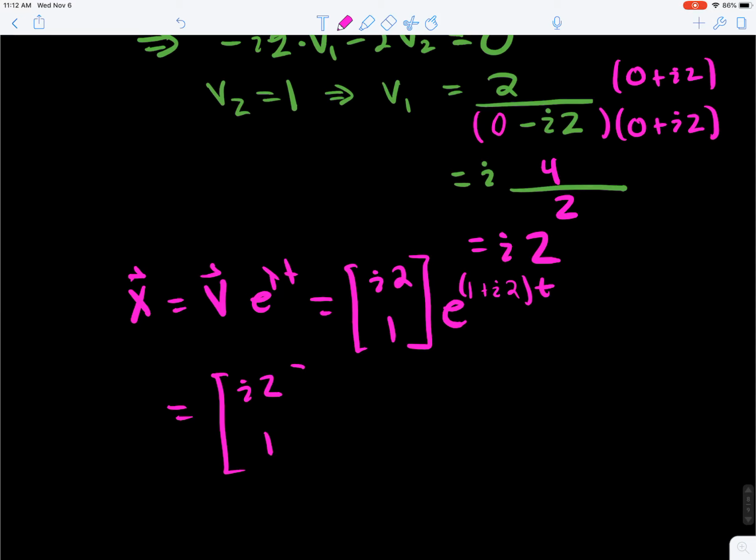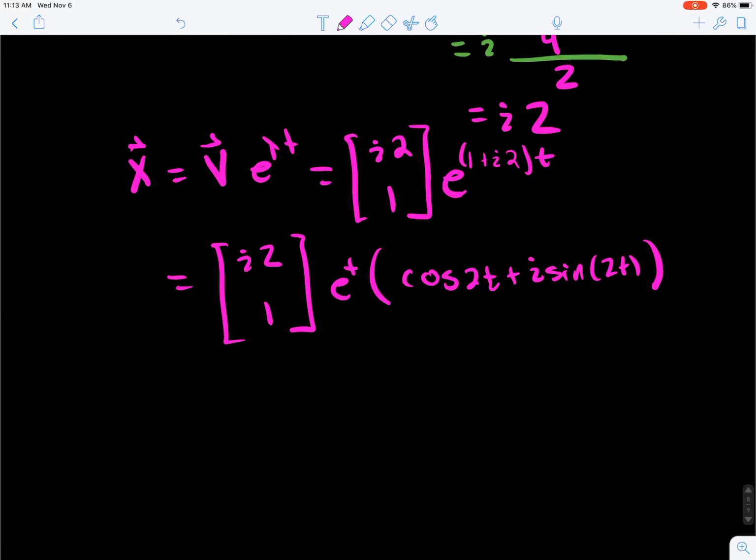What we want to do is write e using Euler's formula. So then we have e to the t, and in parentheses, we have cosine of 2t plus i times sine of 2t. You then want to go ahead and multiply this out.